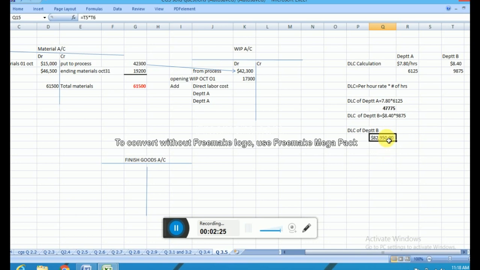We found the direct labor cost in department B.